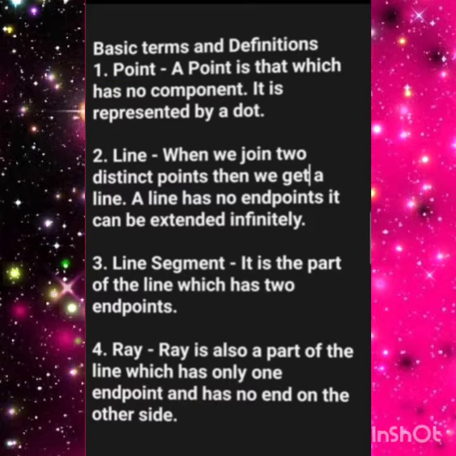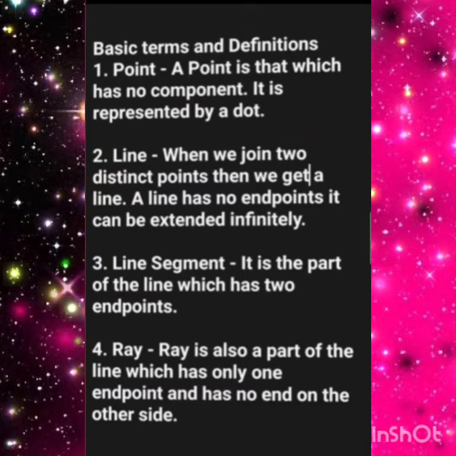Got it? Now let's come to the line. What is a line? When we join two distinct points, then we get a line. A line has no end points. It can be extended infinitely. My dear student, here I am going to explain the line. You know very well we can represent the line through this symbol. We join two distinct points.